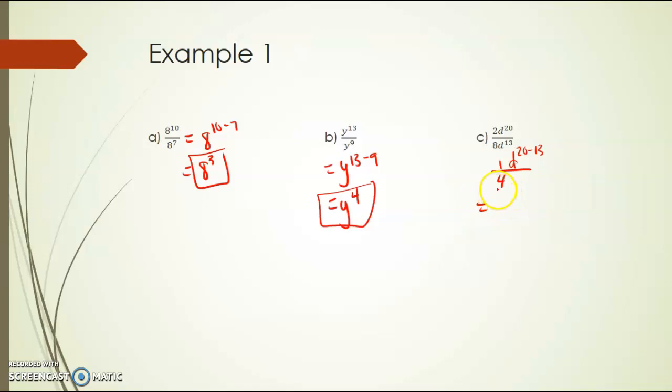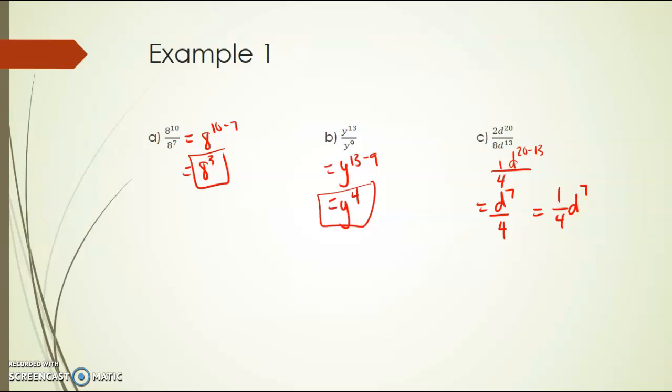I say at this point because there'll come a different point, and I'll tell you why. So we'll be left with D on top. 20 minus 13 is 7, so we have d to the 7th power over 4. Or you could write this as 1/4 d to the 7th power, or 1 d to the 7th power over 4. All of those are equal.